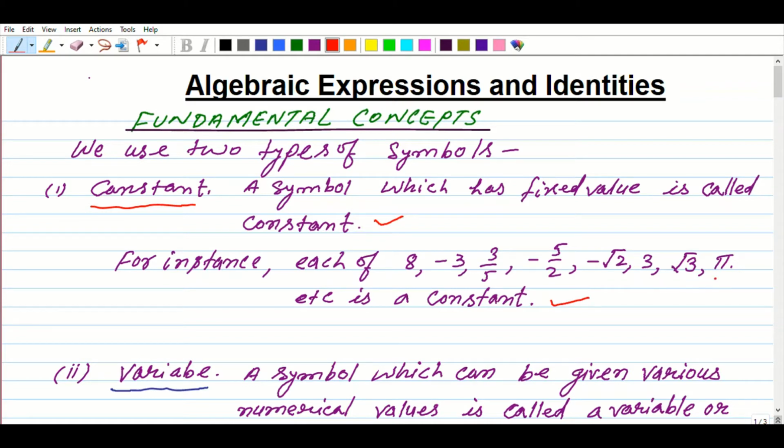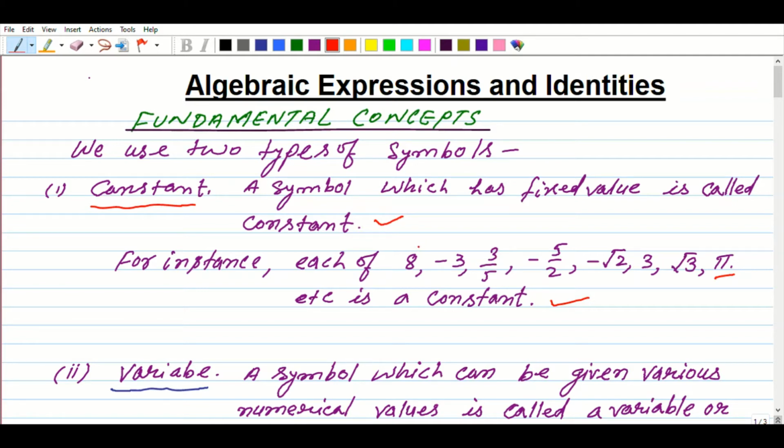Here I have written pi. In the mensuration chapter, you know very well how to find the circumference of the circle, and the circumference of the circle equals 2 pi r.